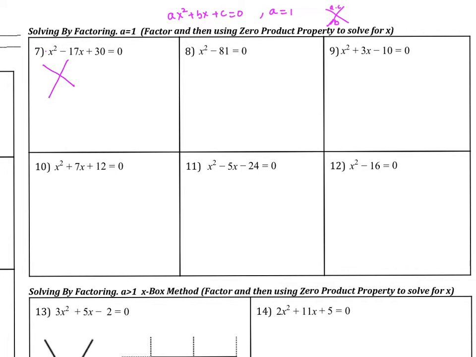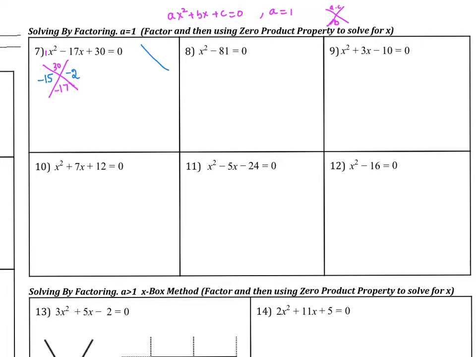Since A is 1, A times 30 would be just 30, so it's just the last number. And on the bottom, I have the middle number. So I'm looking for two numbers that go here and here. When I multiply these two numbers, I should get 30, and when I add them, I should get negative 17. The two numbers that multiply to 30 and add to negative 17 are negative 15 and negative 2.